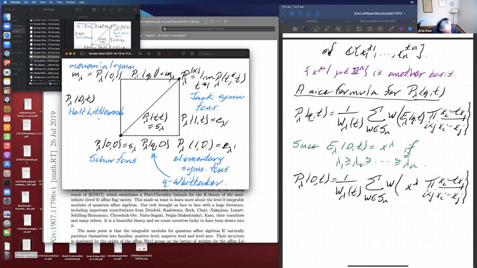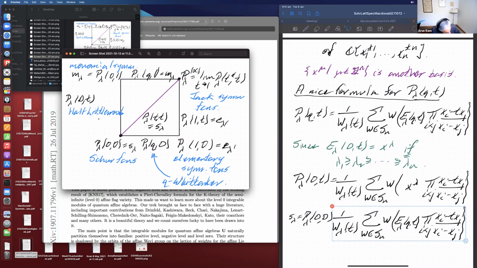Similarly, if you're like Percy and you're teaching a course in symmetric functions, you could put t equal to 0 and copy the same formula.